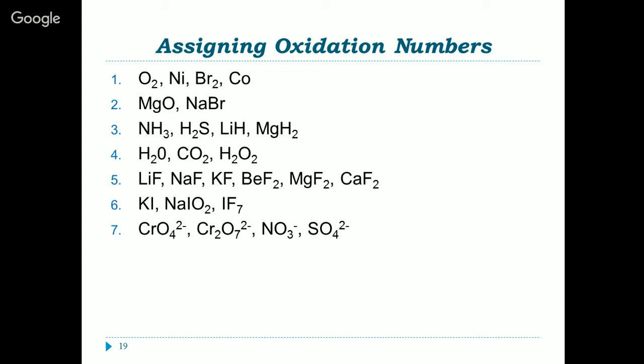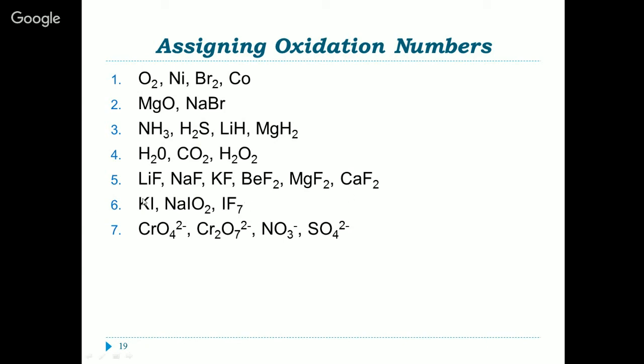So once again, sodium is a +1, oxygen is a -2, 2 times -2 is -4, -4 plus 1 is -3, leaving my iodine to cancel out that -3 charge, so it is a +3. I can do the same thing here with my iodine heptafluoride. F is always a -1. I have 7 of them, so 7 times -1 is -7, which means my iodine has to be a +7.